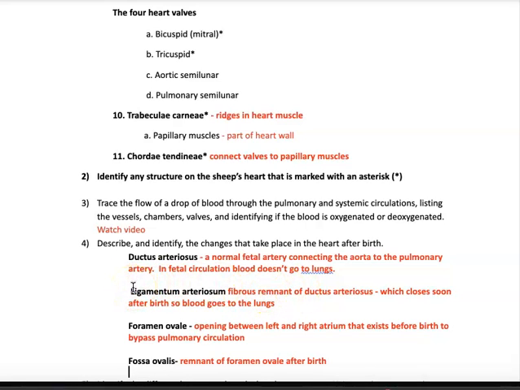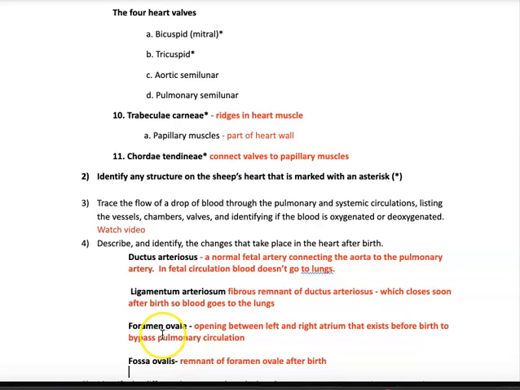In a baby's heart or an adult's heart, that structure after it closes is called the ligamentum arteriosum. When you look at the adult heart, which is the pictures you have, if I point to that structure, it's called the ligamentum arteriosum. If I ask you what this was in a fetal heart, you say the ductus arteriosus.